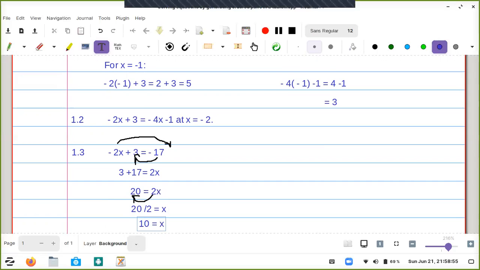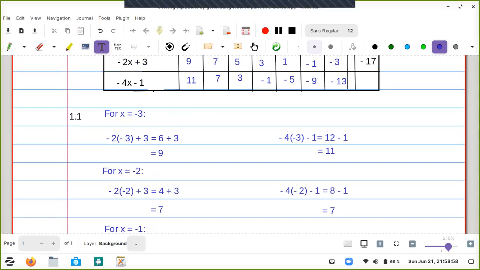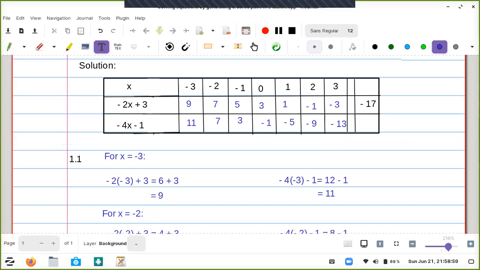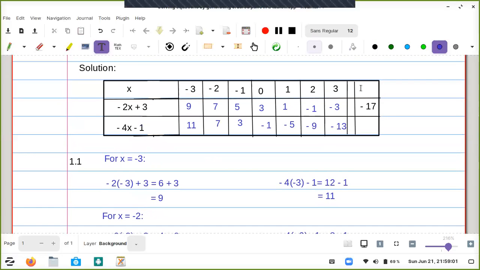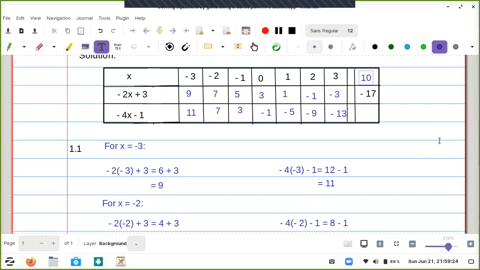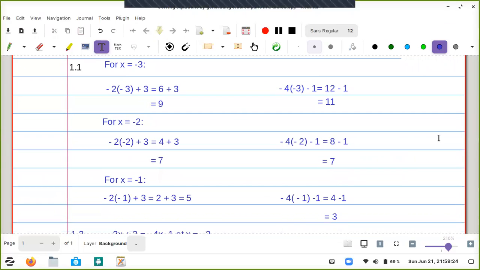So I then have to go back to my table. My value here is 10. Now I can complete it. Now I know the value of x. So what is the value that we are going to come up with when we substitute it in the expression?